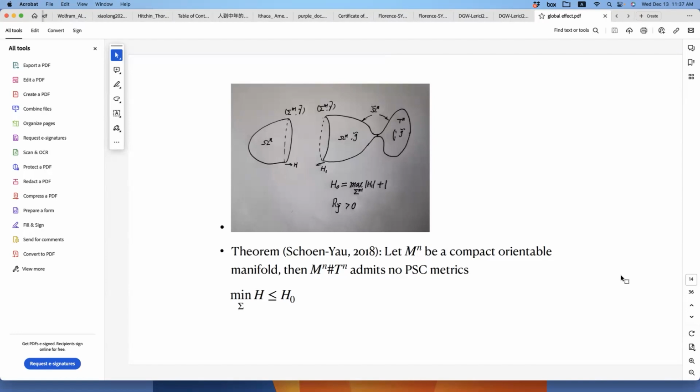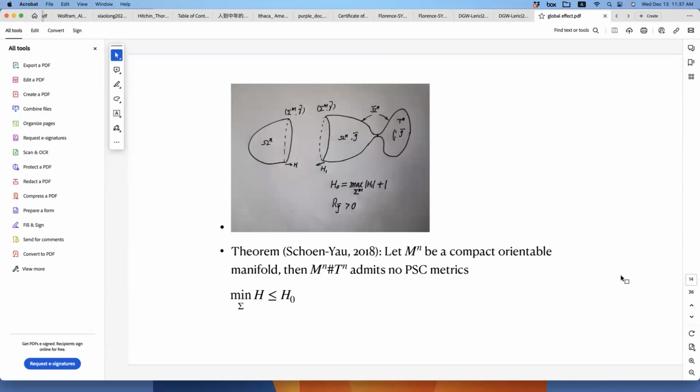And then according to our extension theorem, the gamma on the boundary can always be extended to a Riemannian metric, denoted by G tilde, with positive scalar curvature. And then we have the mean curvature of Sigma with respect to the metric G tilde.